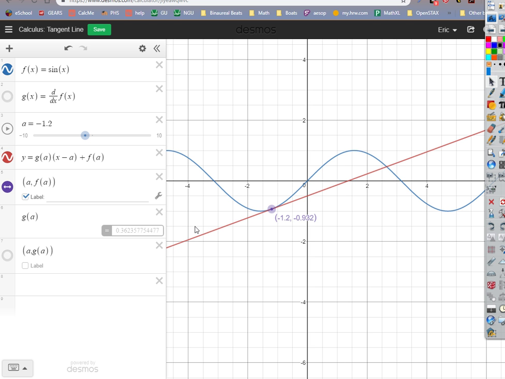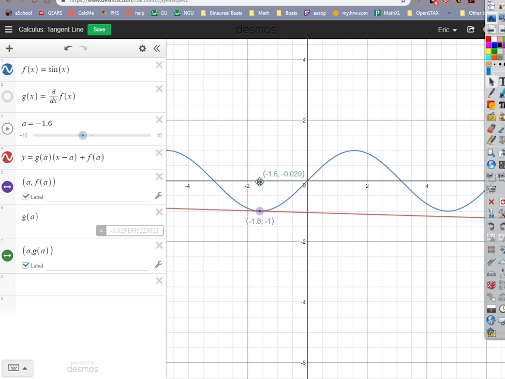Now look at the outputs for the derivative. So I should get a 0 derivative where? Right there, right? If I can get it to that spot where it's flat, that's pretty close. I'm getting really small values, and if I was a little more skilled here, which I'm not, I would get that right to 0. So that's a place where the derivative function should have a value of 0. Agreed? So there's where the derivative should be right there.